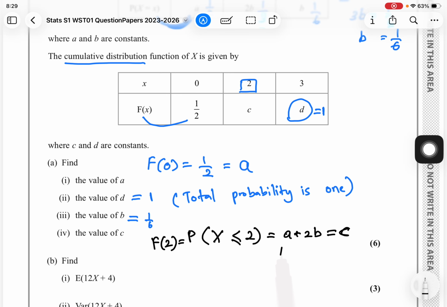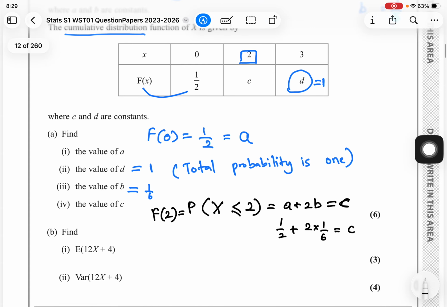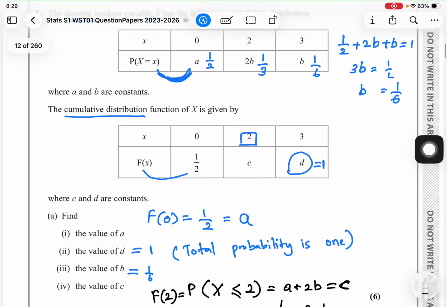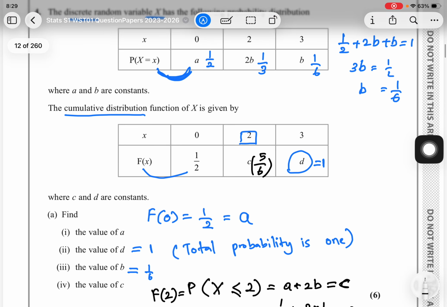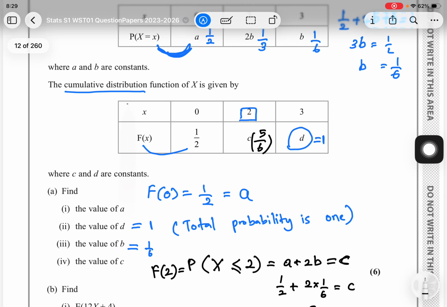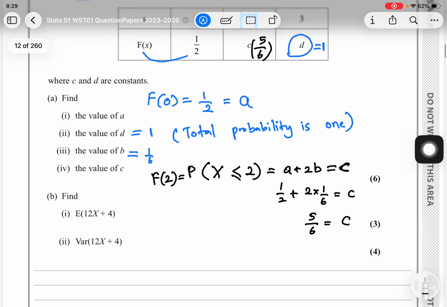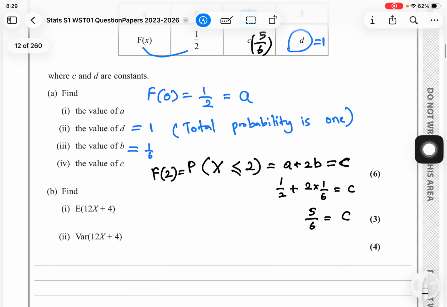We know a is half and 2b is 2 times 1 over 6, so c will be 5 over 6. These are all the variables. That's how we find the A section.